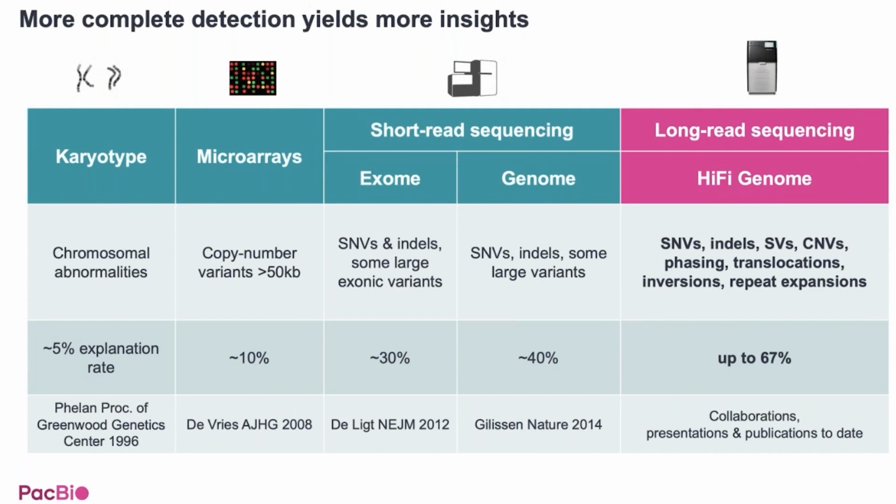On top of that, we're also now picking up maybe 2.5 times more structural variants than before, which can help explain maybe up to 67%. That also includes phasing of the variants, as well as inversions and repeat expansions. As we mentioned, we'll talk about tandem repeats here in a bit.